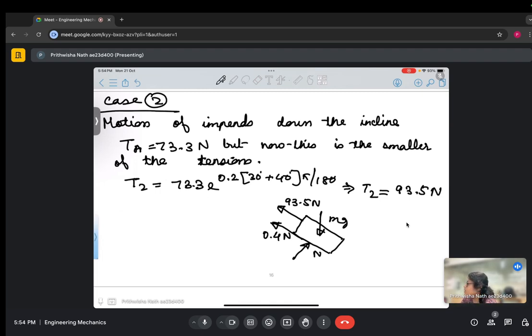So again we need to consider summation of Fx equal to 0 and summation of Fy equal to 0.